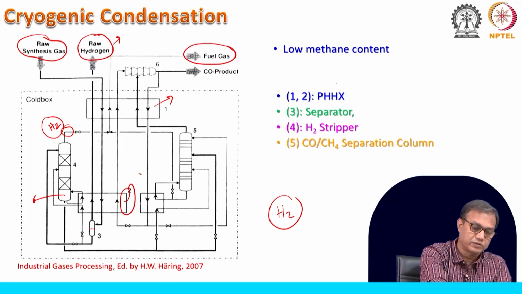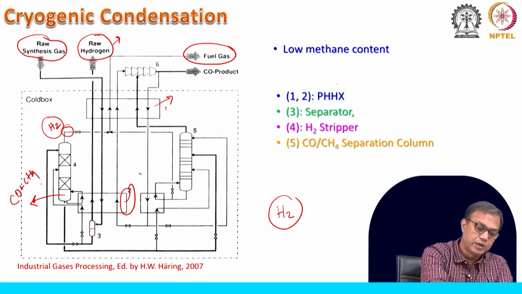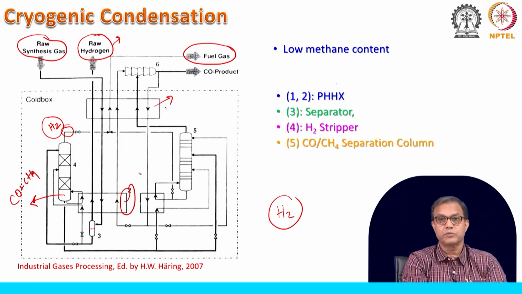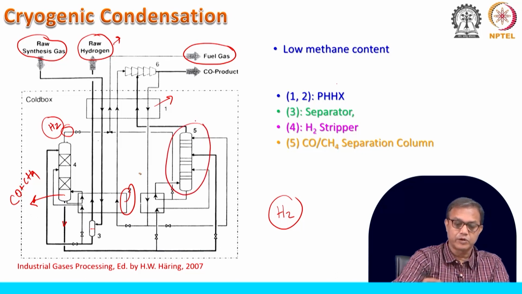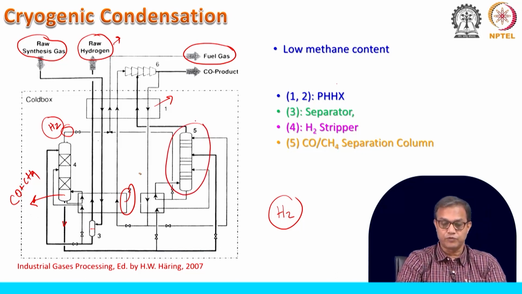So, here then this part is getting separated. On this side we have the CO plus CH4 mixture, and on this side we have separated the hydrogen. These are the typical columns, and here this CO-CH4 mixture will be coming over here, and again this will be separated into CO and CH4.